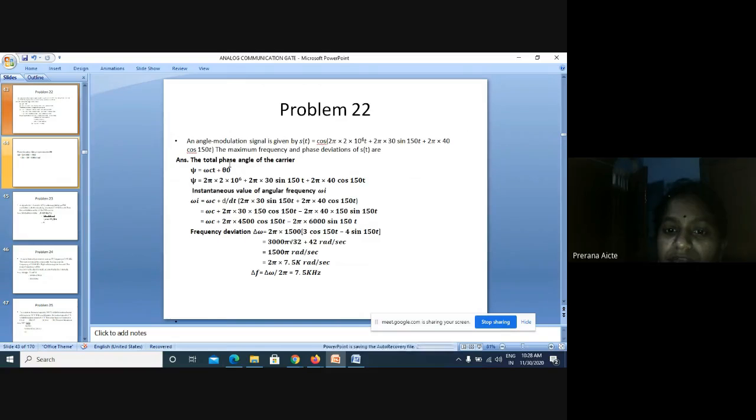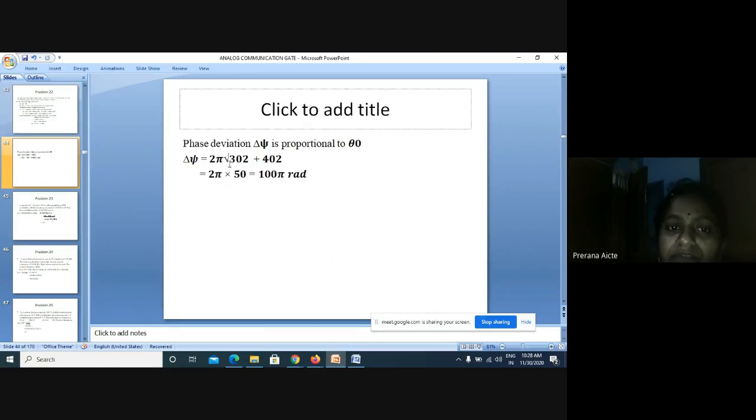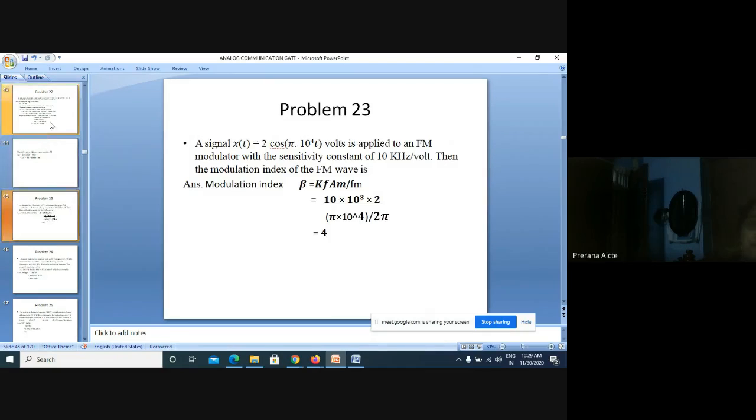The maximum frequency deviation is 7.5 k, and the maximum phase deviation is 100 pi. So in this way they will give an expression, and from that expression they will ask us to find the maximum frequency deviation and the maximum phase deviation. Is it clear?